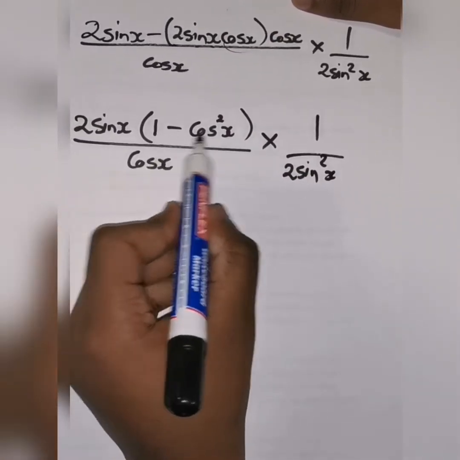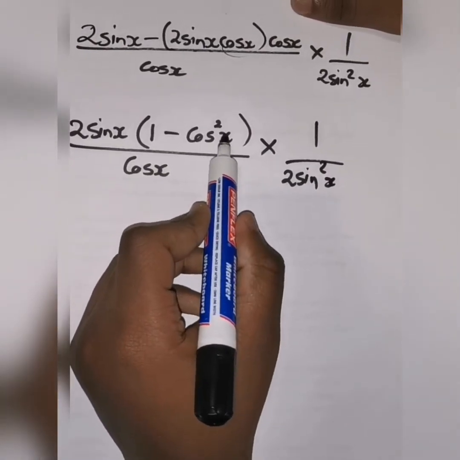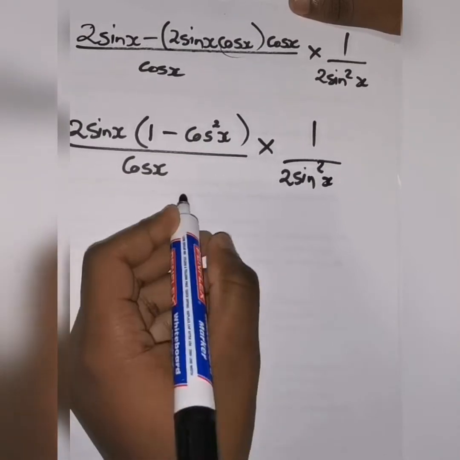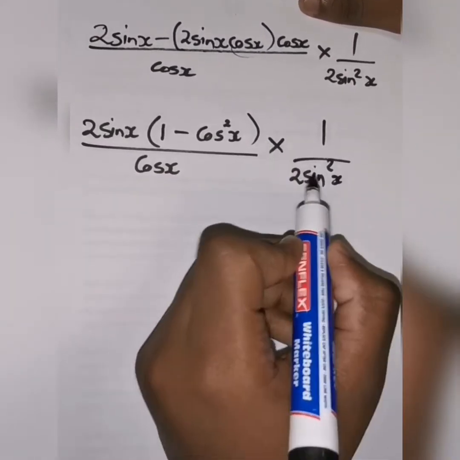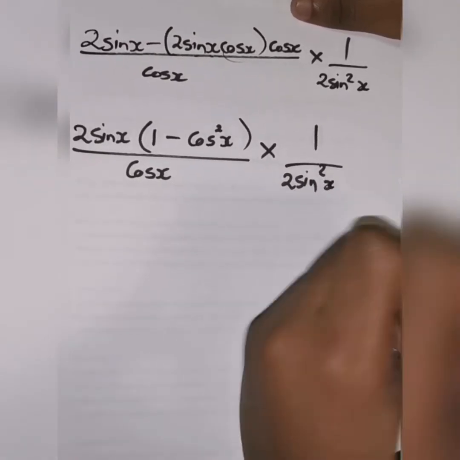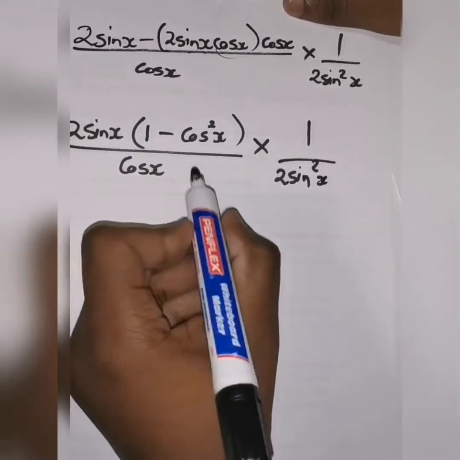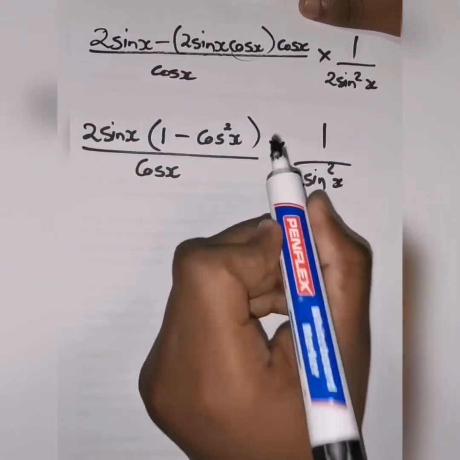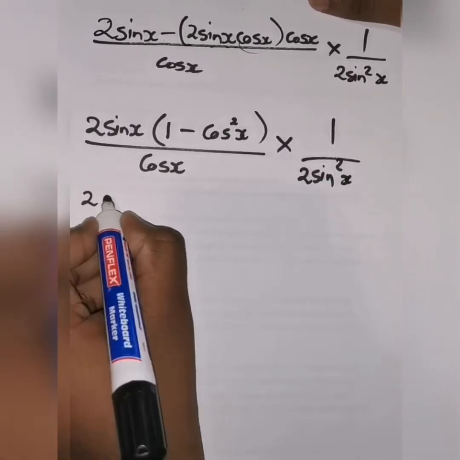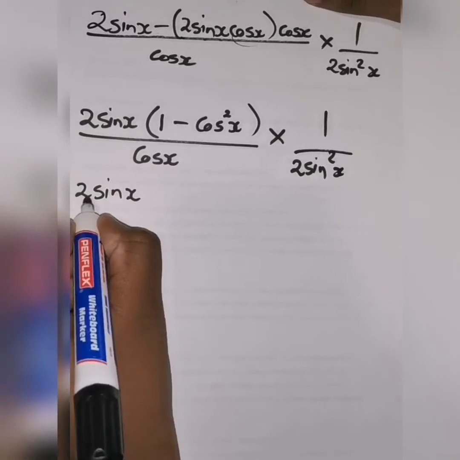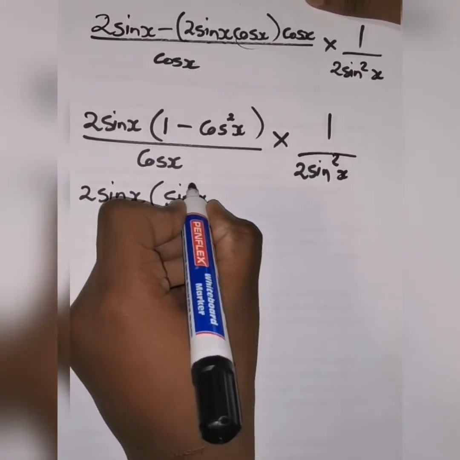Looking at this, 1 minus cos x squared introduces another identity. This identity comes from sine x squared plus cos x squared, which equals 1. So if you move around those terms, you will see that 1 minus cos x squared equals sine x squared. So this is going to be 2 sine x multiplied by sine x squared.